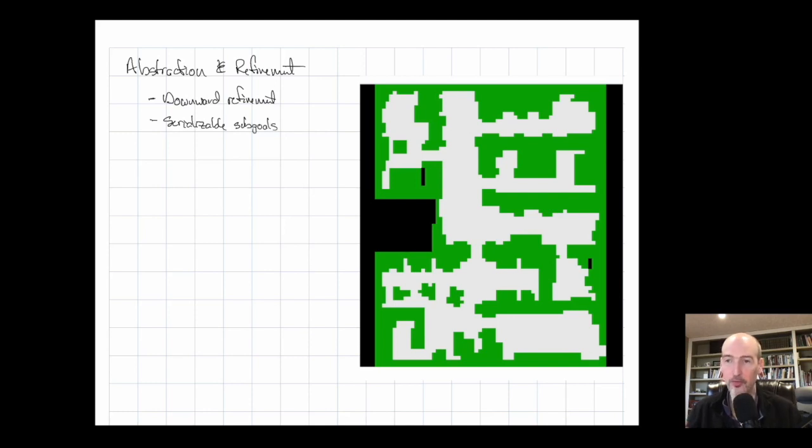Okay, so downward refinement basically says that if a path exists in my abstract space, it's also going to exist in my low-level state space. And serializable subgoals says that once I achieve one subgoal, I'm able to forget what I've done before and continue to achieving the rest of the subgoals. And so we'll come back to these.